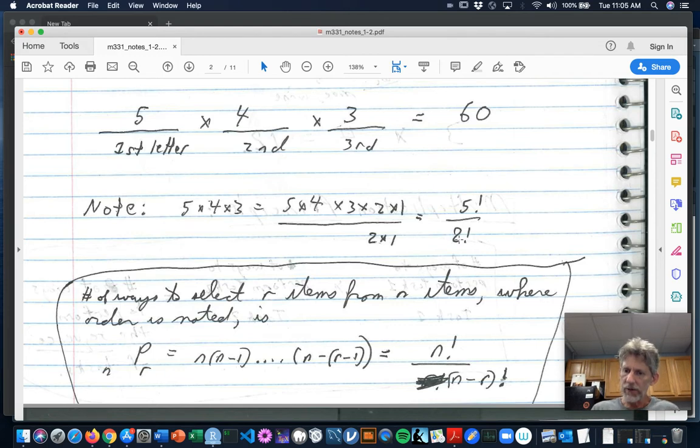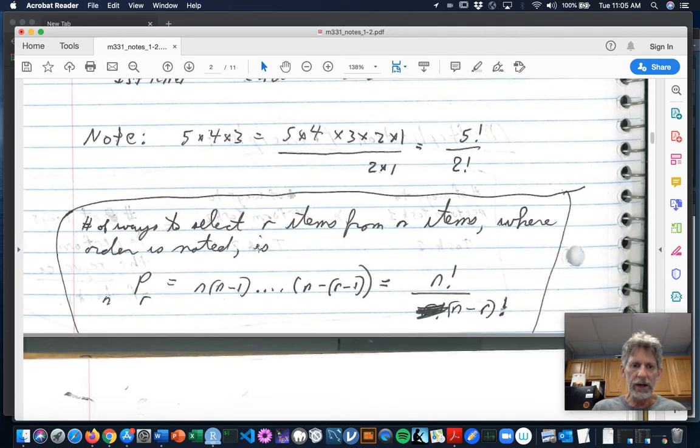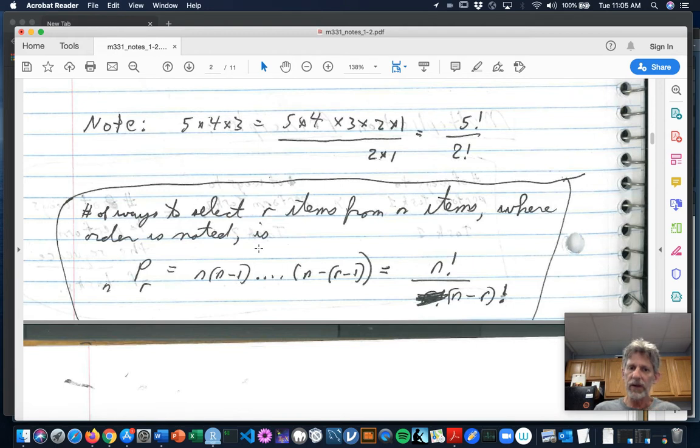And 2 is interesting because 2 is 5 minus how many people you had to pick to put in the row. So what you've really got here is the possibility of a formula. Suppose that you've got n items, and you're going to pick r items out of the n items and order them in some way. So the order in which you pick them is important.